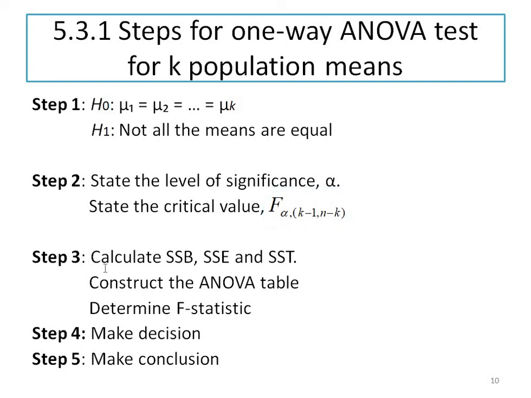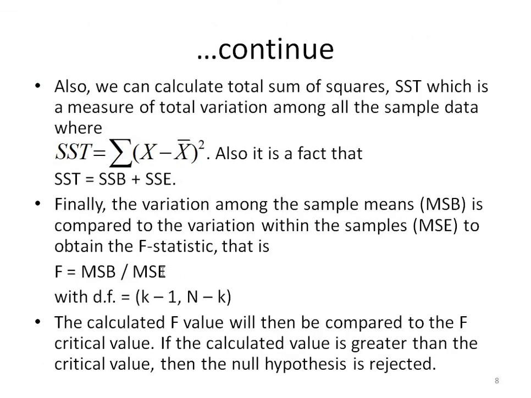Next, step 3. Calculate the SSB, SSE, SST. Then construct the ANOVA table. Determine the F statistic. I repeat, the F statistic is computed by F equal to MSB divided by MSE.